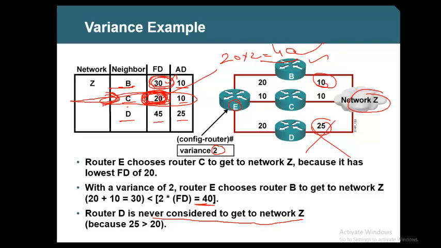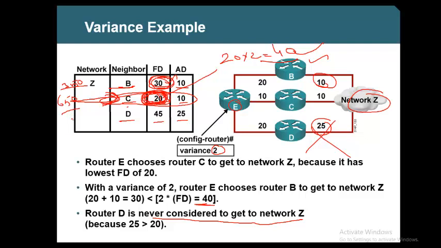And for this 30, say for example, if I have 1000 packets, like 650 packets will be sent over C, and the balance 350 will be sent over B. Again, I'm not writing an accurate number. I'm saying EIGRP will take care of it.